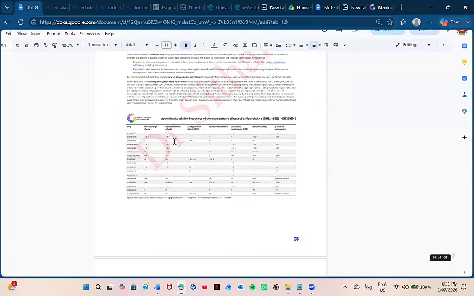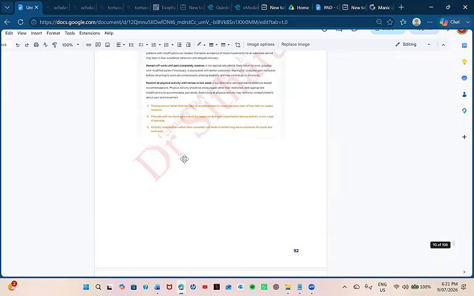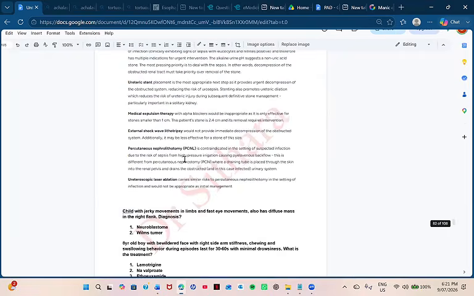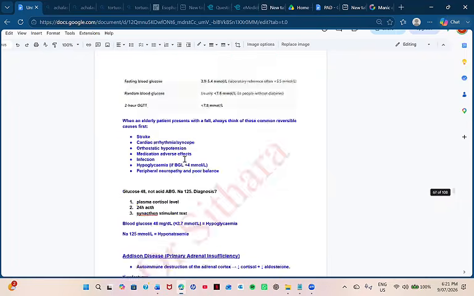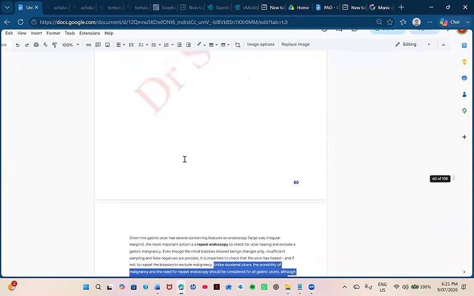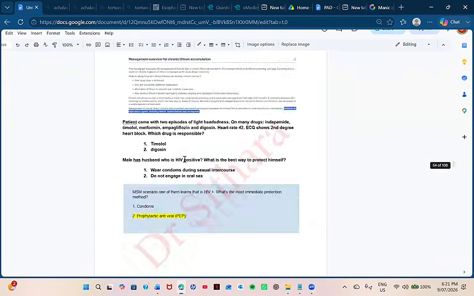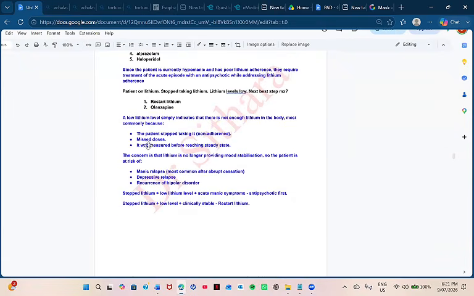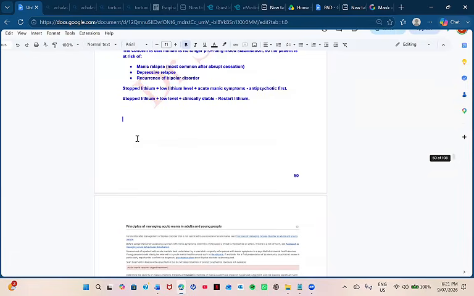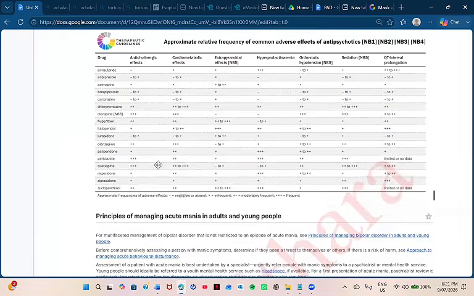Yeah, it's that. Okay, here. Then the drug should be chosen according to the adverse effect, right? Okay, here's the adverse effect.